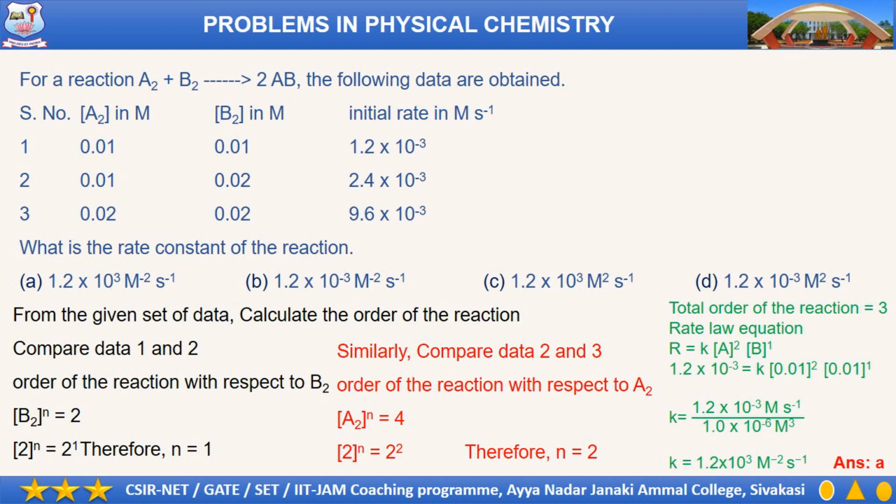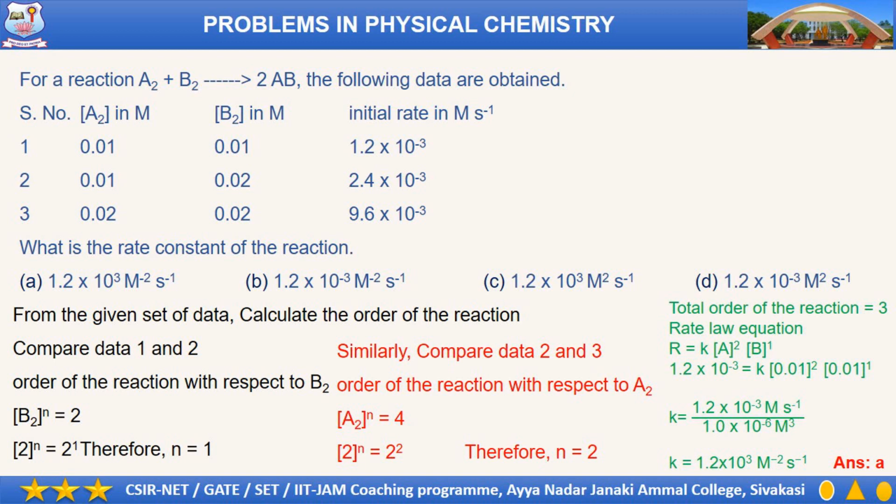B, 1.2 into 10 power minus 3 per molar square per second. C, 1.2 into 10 power 3 mole square per second. D, 1.2 into 10 power minus 3 mole square per second.